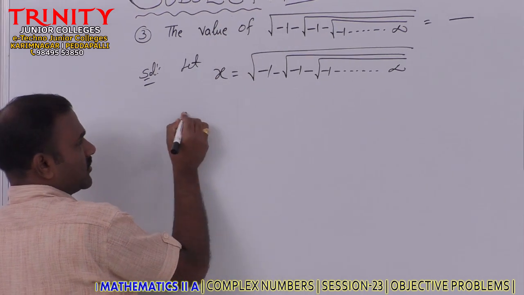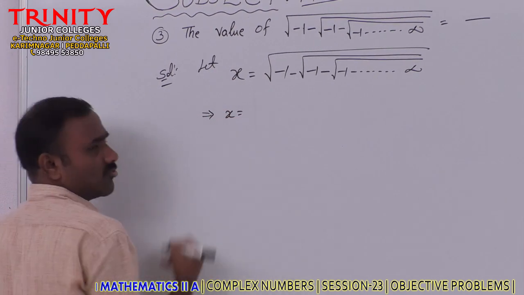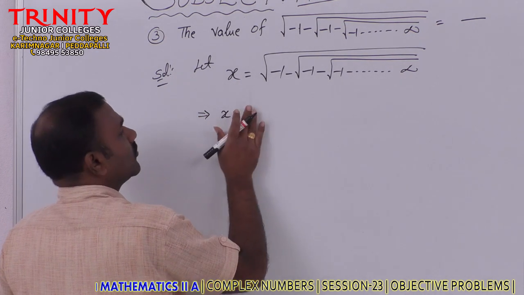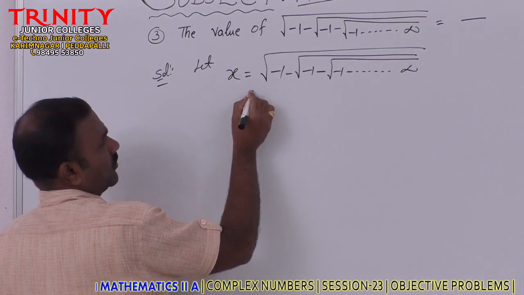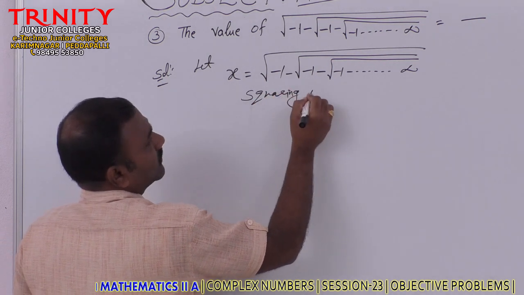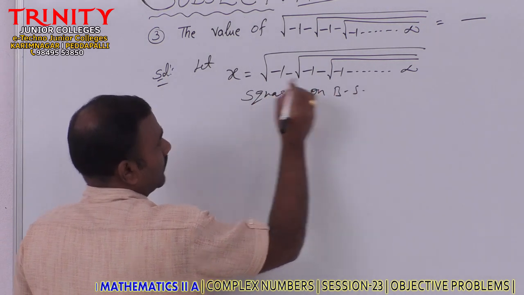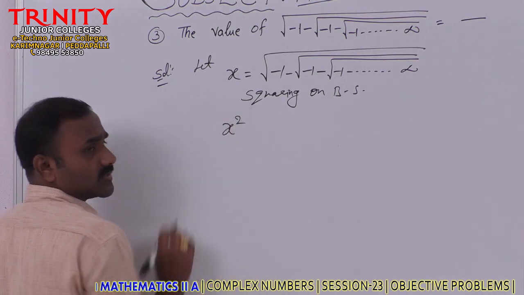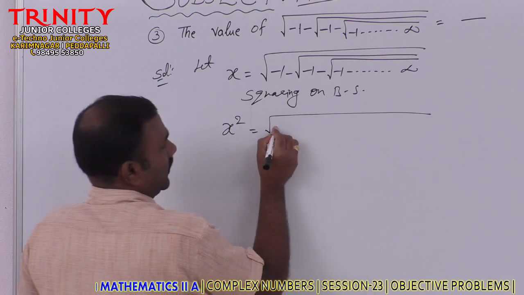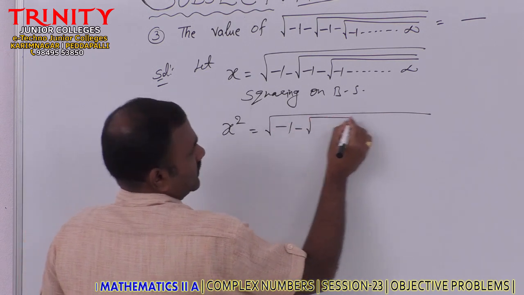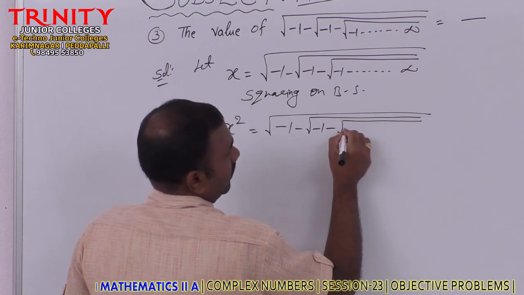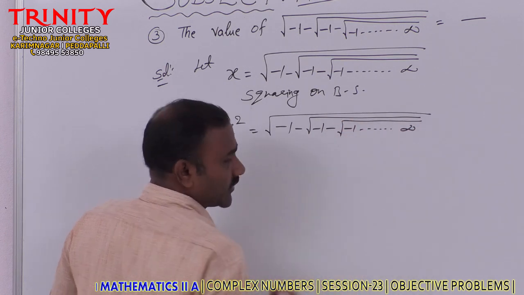From this can I write x is equal to... To cancel the square root, first you go for squaring on both sides. x square is equal to under root minus 1 minus under root minus 1 minus under root minus 1 and so on up to infinity.